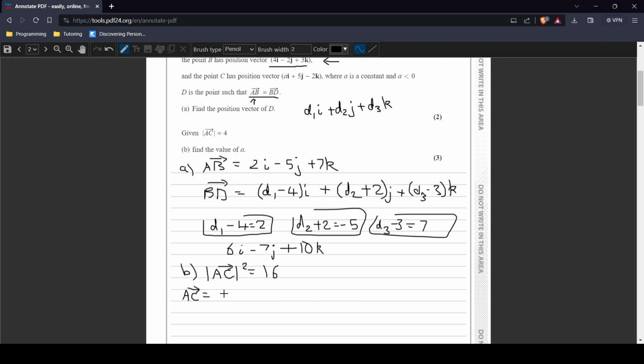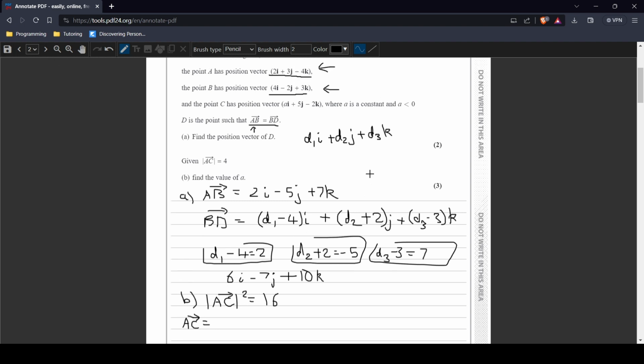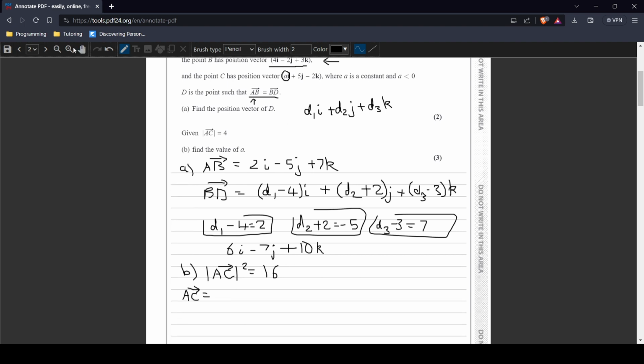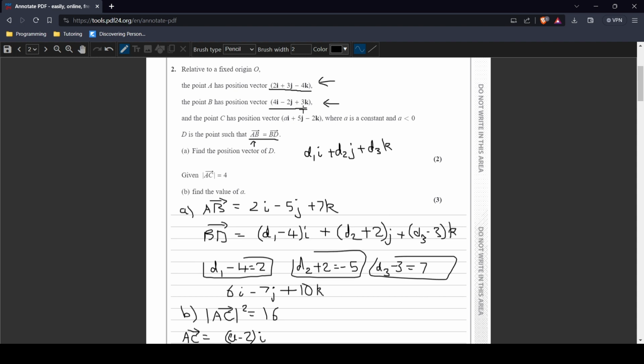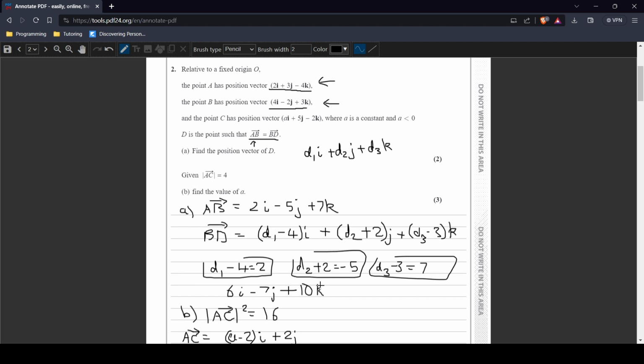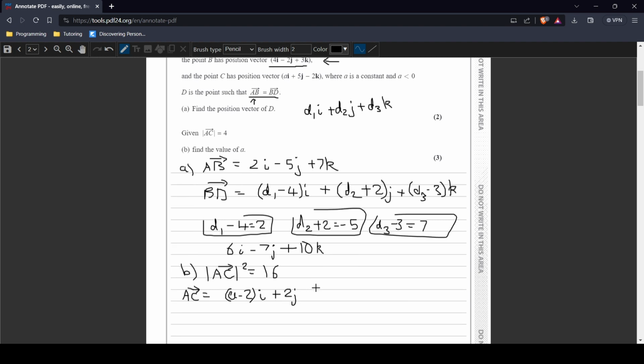Okay, so now we can write down what the vector AC is. So the vector AC is the position vector of C minus the position vector of A. So that will be Ai minus 2i over here, so we'll get A minus 2 lots of i. And then we'll get 5 minus 3 lots of j, so plus 2j. And then we'll get minus 2k minus 4k, so minus 2k plus 4k, so that is just plus 2k.